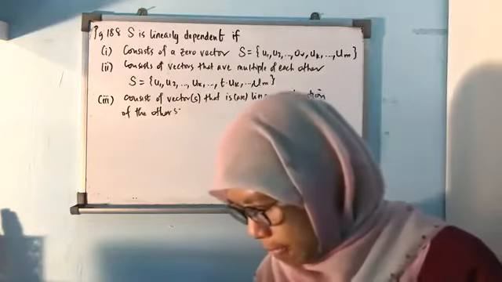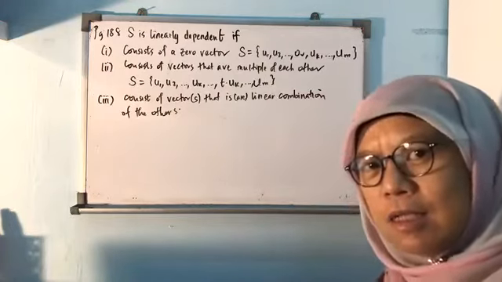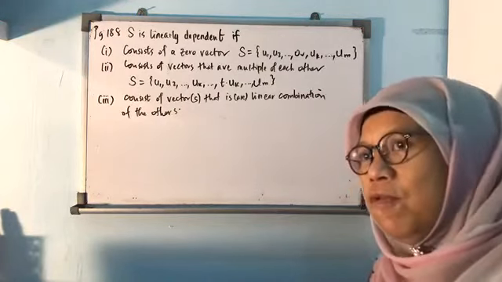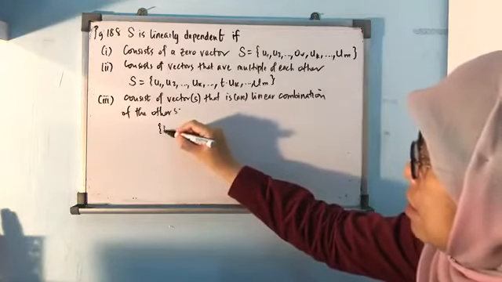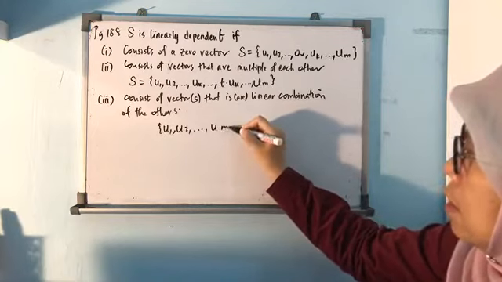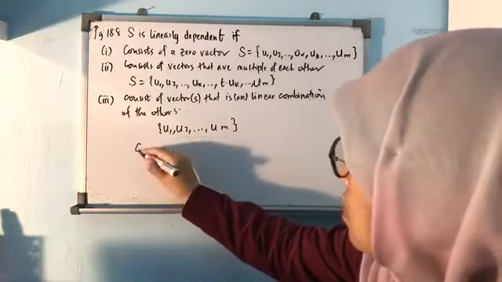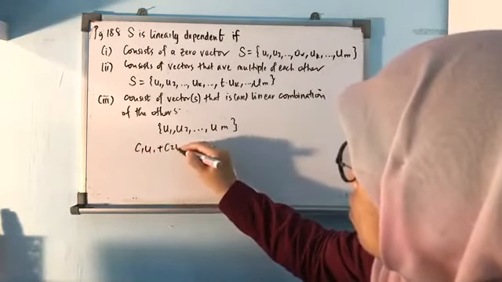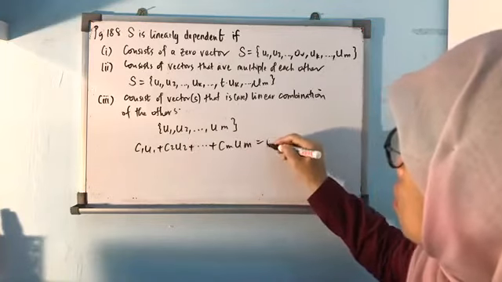This is a bit difficult because sometimes it's not clear. You have, let's say, U1, U2 until UM, and you want to find C1 U1 plus C2 U2 plus CM UM equals 0.